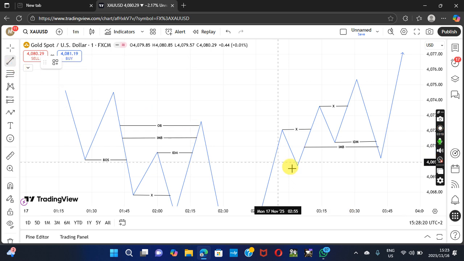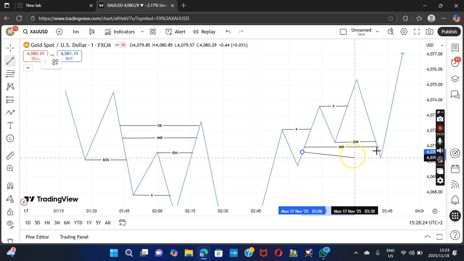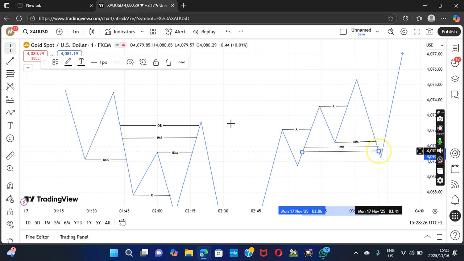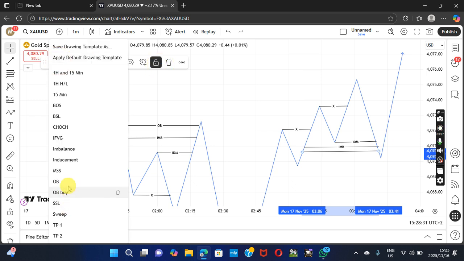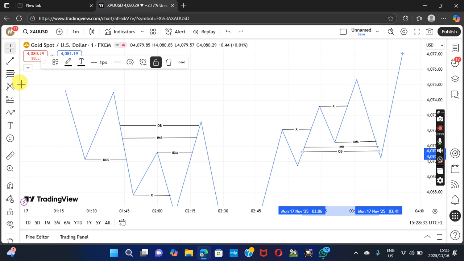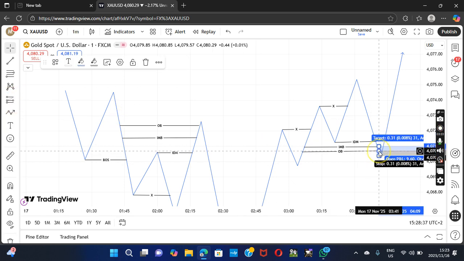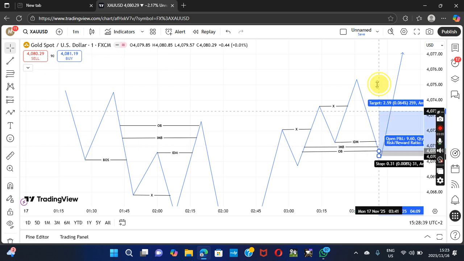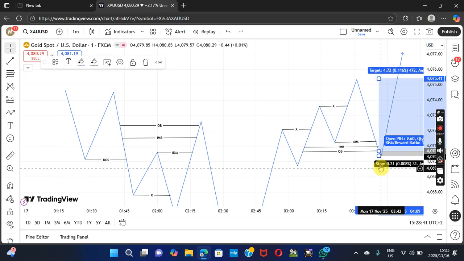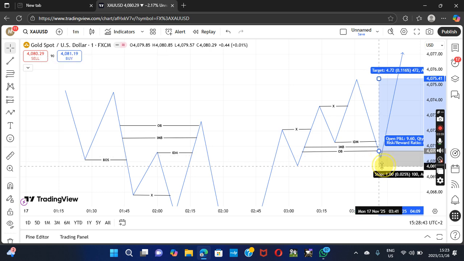There is no order block without an imbalance. Those two go hand in hand. And then let's say this is our imbalance, I mean our order block. This is where normally the trade is supposed to be taken, and then stop loss at the low.